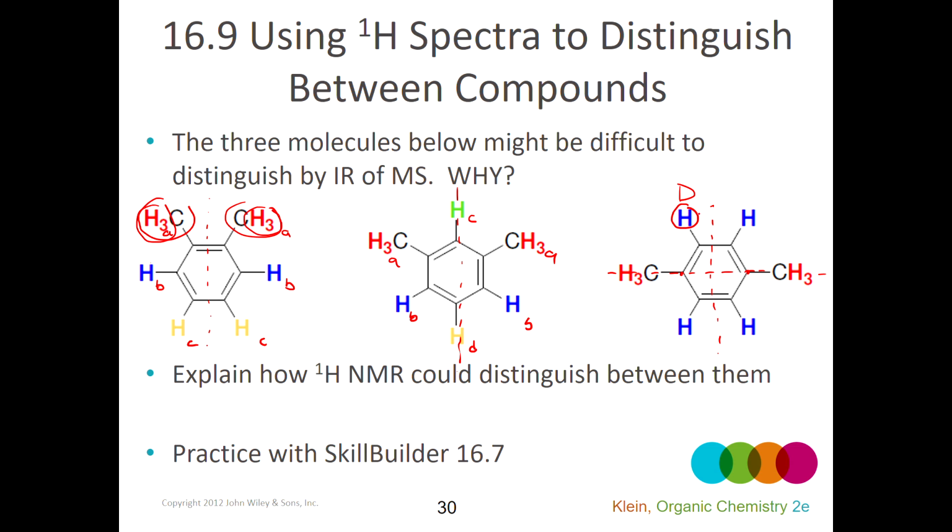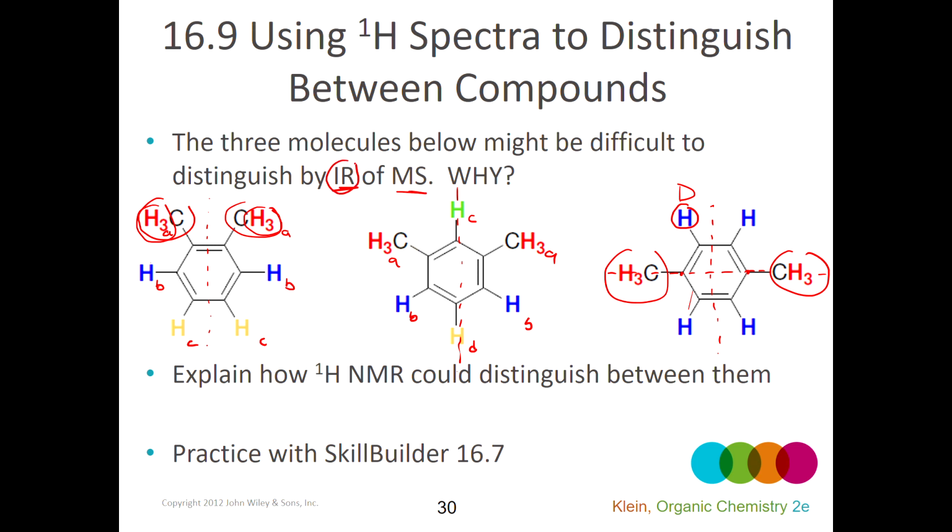So I would see 1 signal in the aromatic region between 6 and 9. And I would see one signal, obviously, for these 6 hydrogens down closer to 2 ppm. So these 3 molecules would be pretty difficult to distinguish by IR or mass spec.